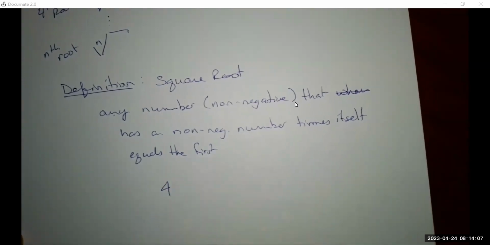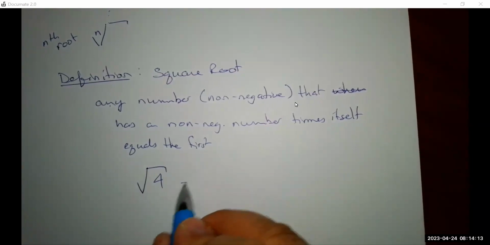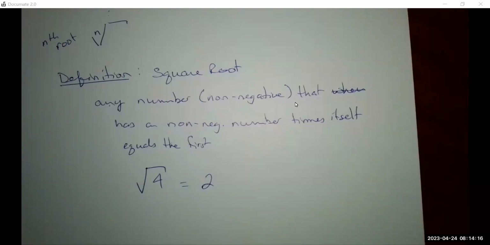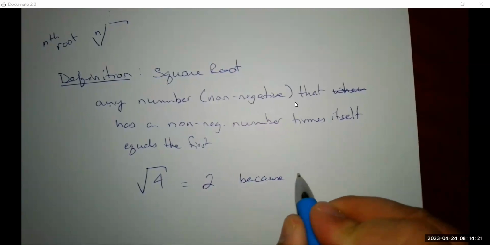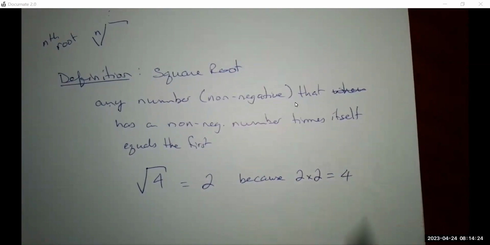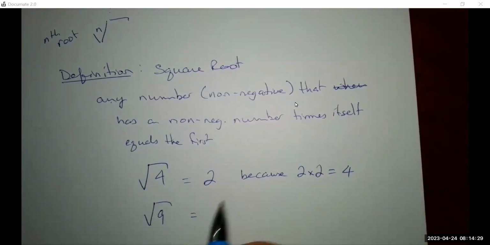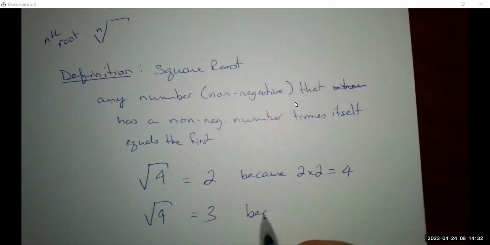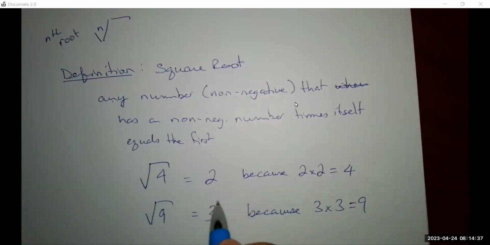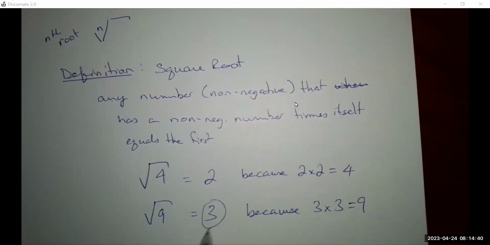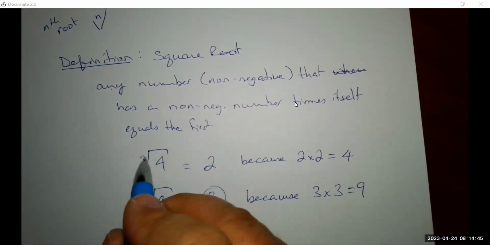So, for example, the square root of 4 is 2, because 2 times 2 equals 4. The square root of 9 is 3, because 3 times 3, so this number times itself equals that. And that's why it's called square root.